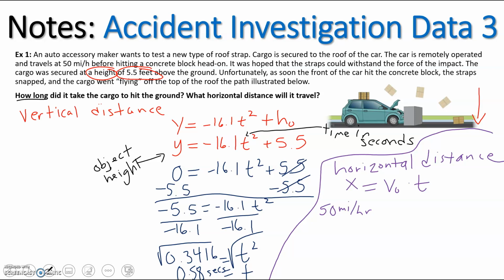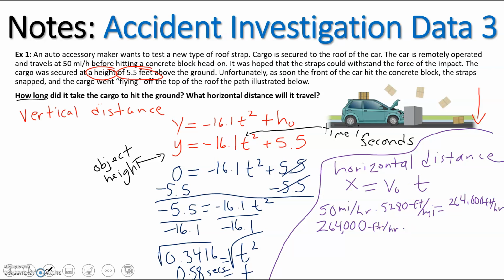So we know that there are 5,280 feet in a mile. Therefore, there are 264,000 feet per hour. Now, we want to convert our hours into seconds.